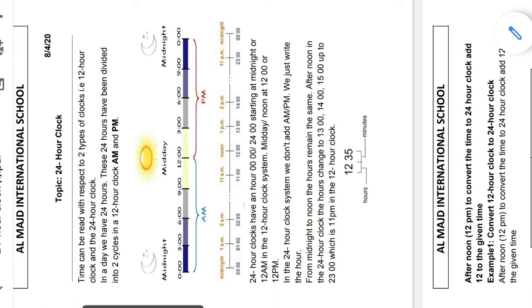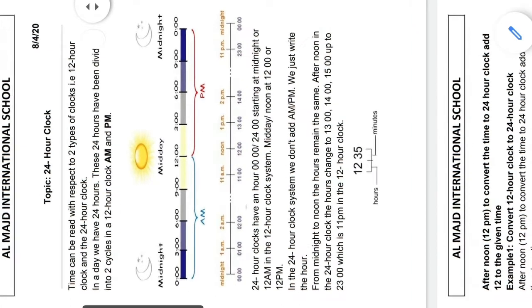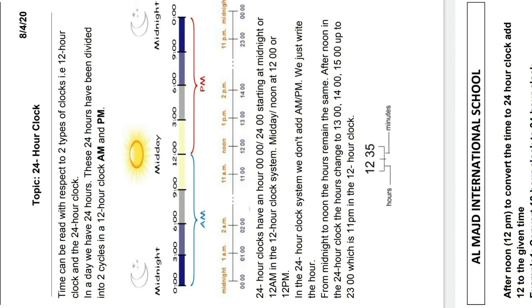So now if you see in the second timeline, it starts from 0 and ends at 23. So till 12 we have 0 1 2 3 4 5 6 7 8 9 10 11 12, and then after 12 we have 13 14 15 16 17 18 19 20 21 22 23, and then at midnight we have 24 hours.